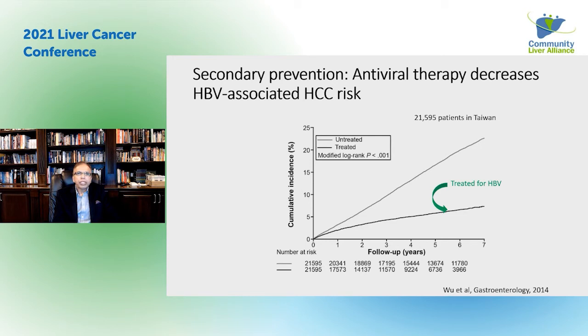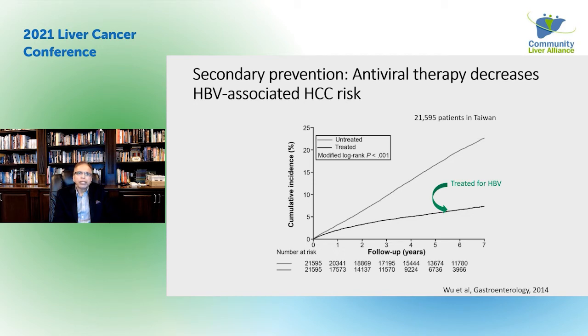Secondary prevention in terms of those who already have hepatitis B. If you treat hepatitis B, there is a lower risk for HCC development. This is again a study from Taiwan looking at almost 22,000 patients.